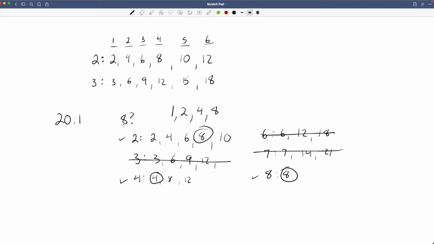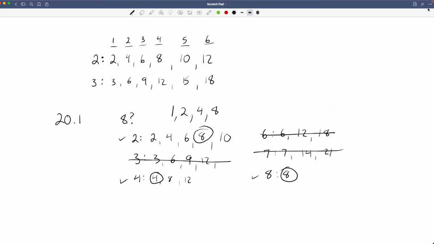So I don't know if you can see that, 1 times 8 is 8, and 2 times 4 is 8. So the multiples that give us 8 are also the factors of 8. That is a very interesting idea. So now you don't have to go through the ones that you know are not factors. You can just look at the factors of 8 and pull them into the multiples list.